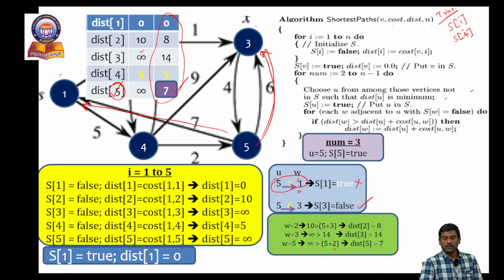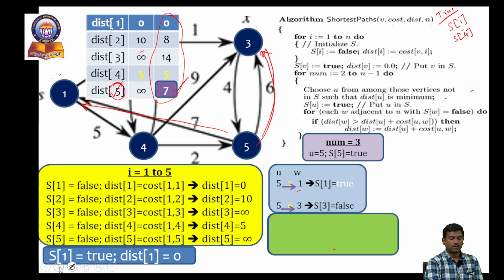And when you check S of 3 equal to false, it is the true condition. If it is a true condition, then you have to check whether the distance is being updated or not. So here we are considering only the w value equal to 3. Why? The same thing which I have explained: because that condition is false, you don't have to take that w value, that is w equal to 1.